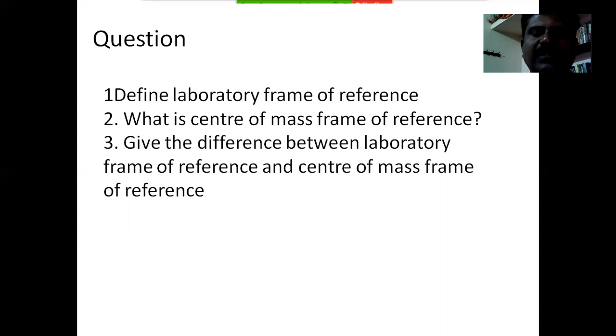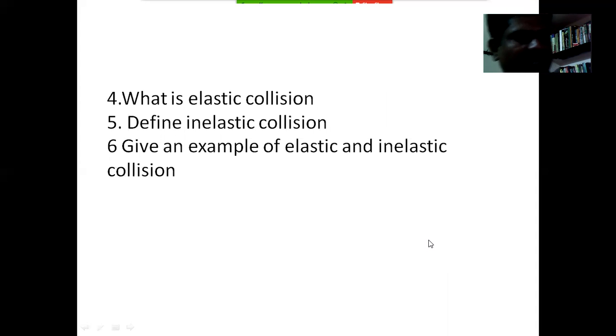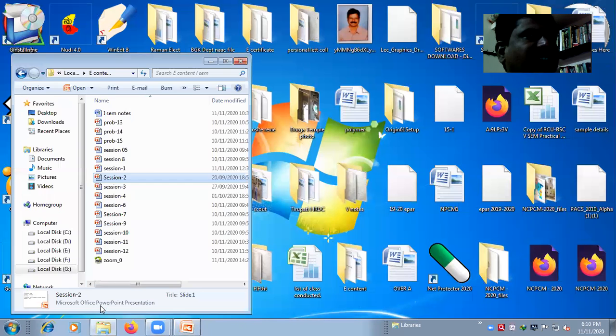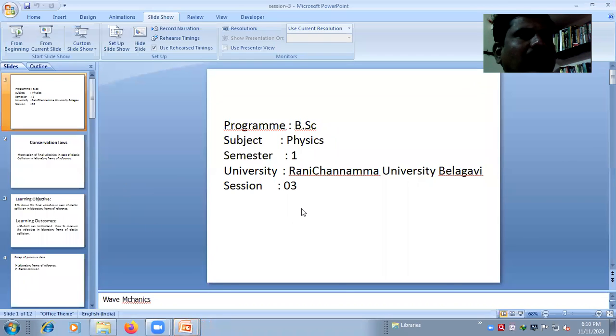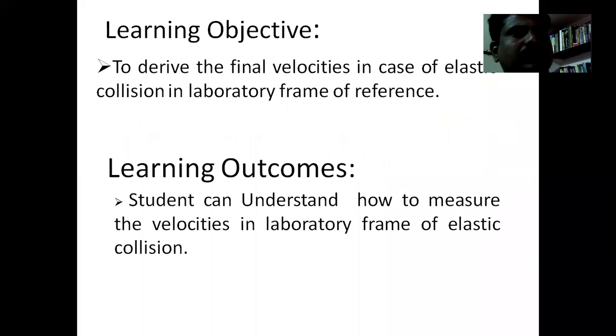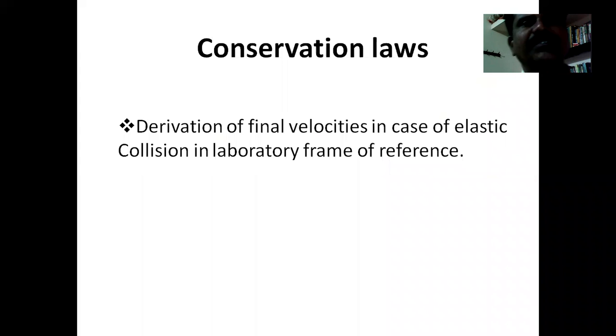Okay. This is a brief discussion regarding collision processes. Next, let us discuss how the collision takes place in the case of elastic collisions.